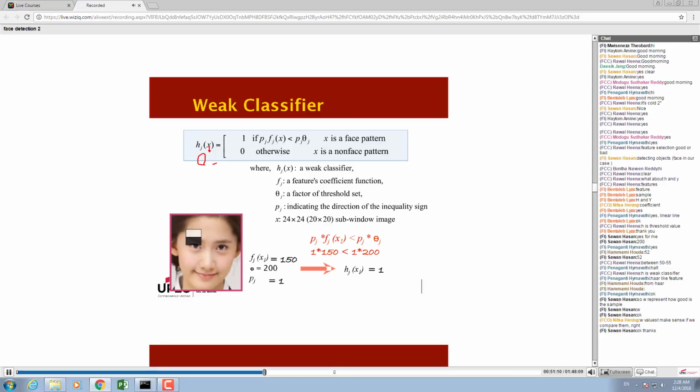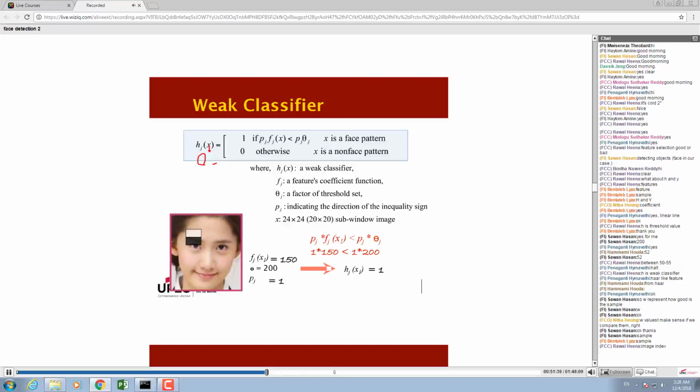What is x? What does x mean? X means sample, exactly. X is sample, right? So image. So we input image to this weak classifier H. Then this H, whatever it does internally, returns a binary result, 0 or 1.